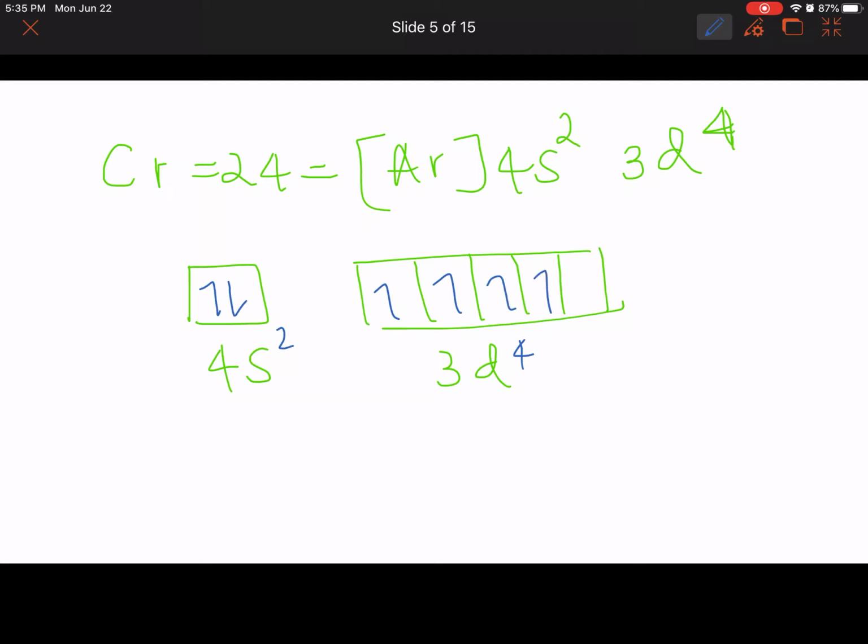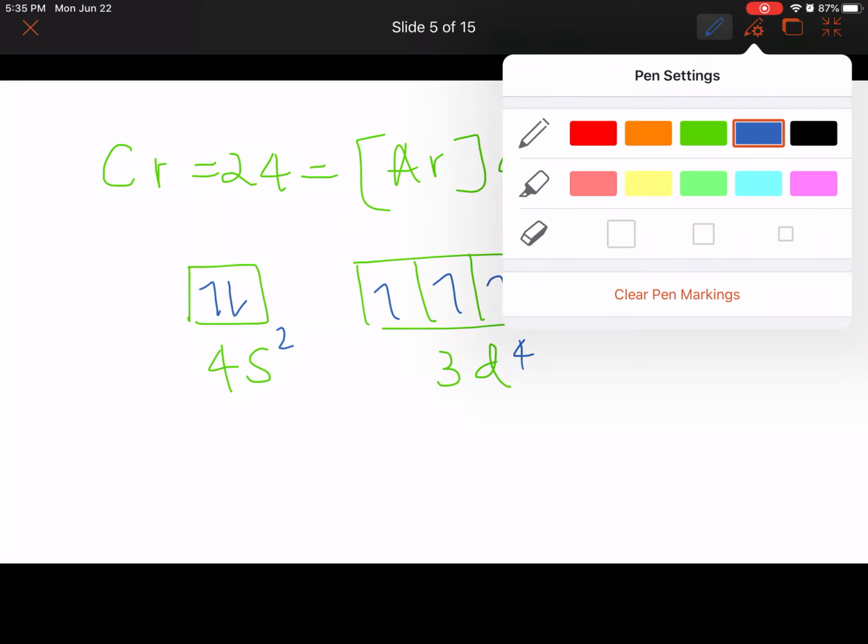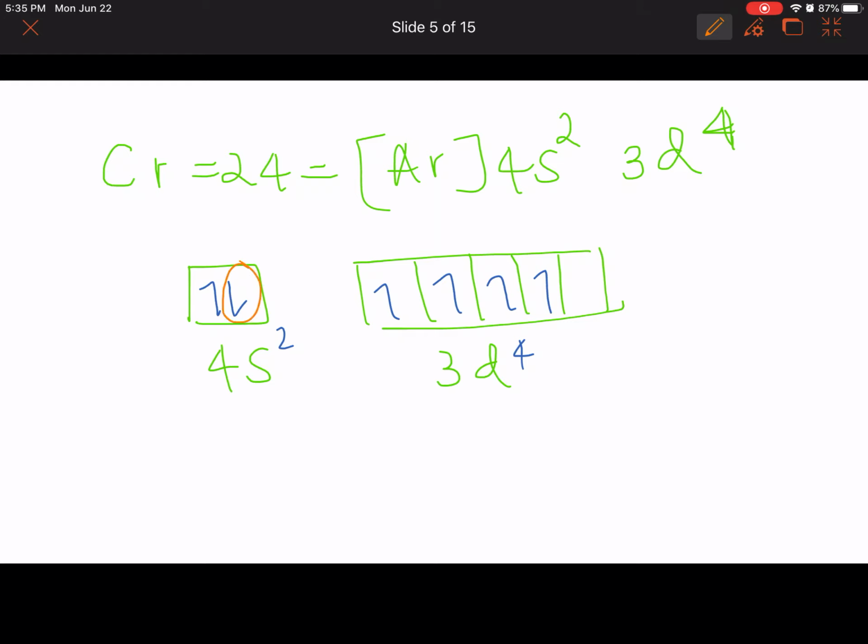So again, when the d is half filled, that also has an added stability. One of the electrons from the 4s jumps onto the empty d orbital, making 4s1 and 3d5.